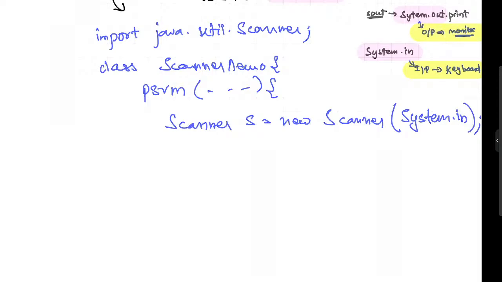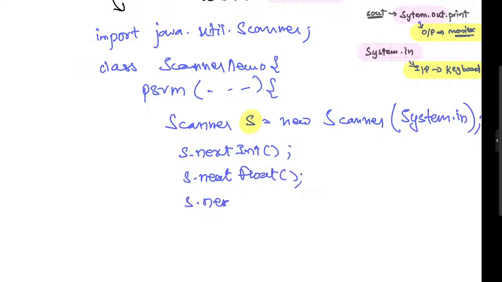So what will happen is, with this particular s, we can obviously use something known as s dot nextInt function, right? We can use s dot nextFloat function. We can also use s dot next function.